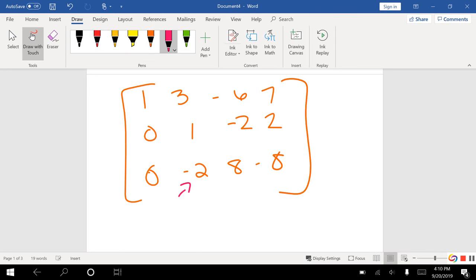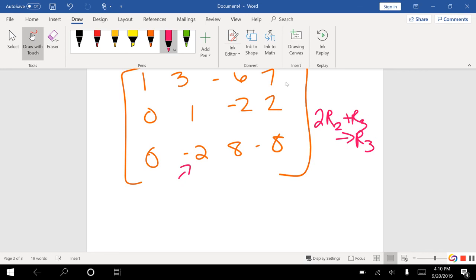Next, I want to get rid of this. So I'm going to do 2, jumping the gun here, 2 times row 2 plus row 3 to replace row 3. So then row 2 is going to be 0, 2, negative 4, 4.